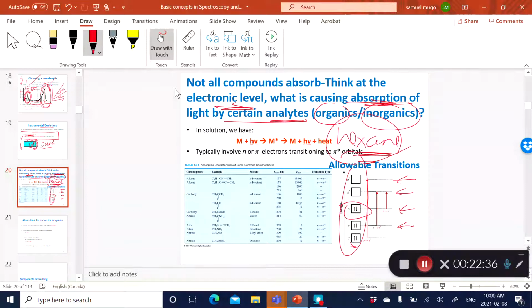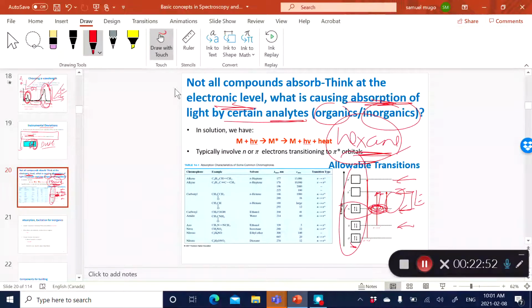Meaning, if I've got non-bonding electrons here, it's very easy for them to transition to the pi star, because the amount of energy that is needed is very, very small.